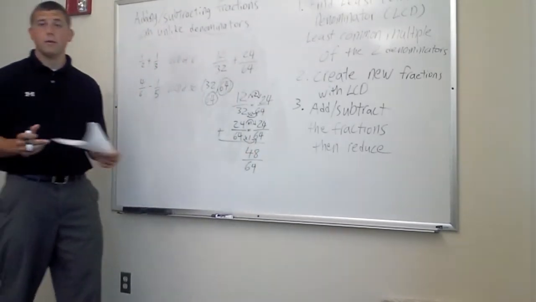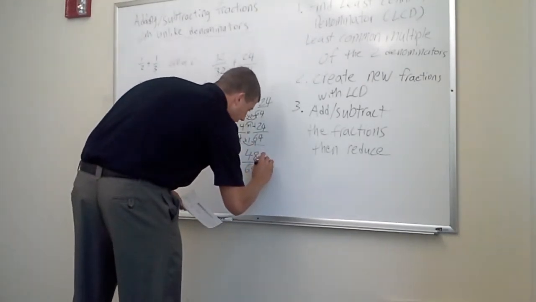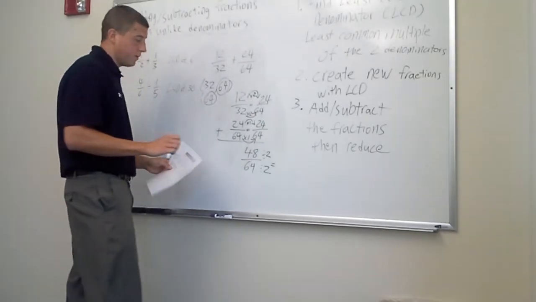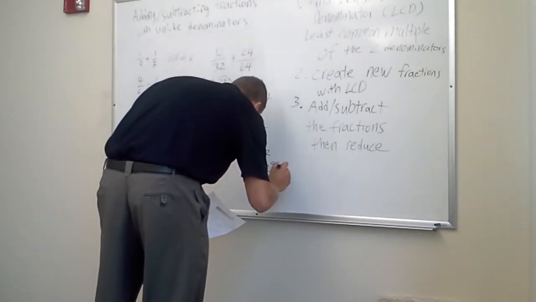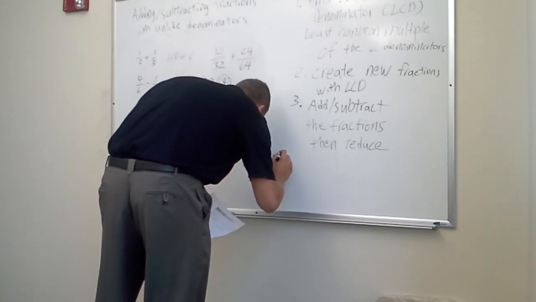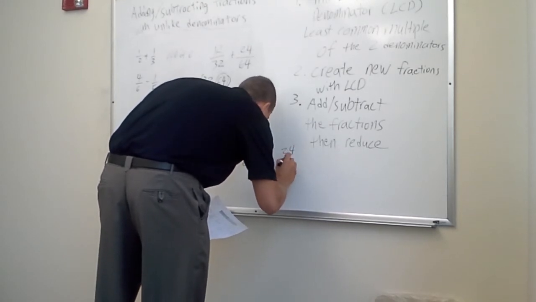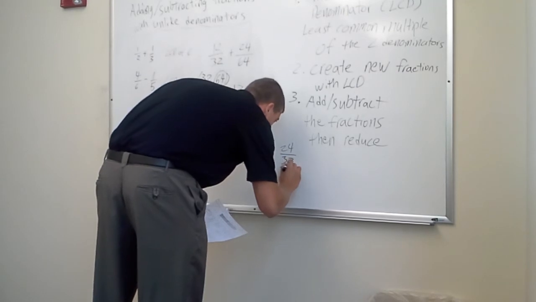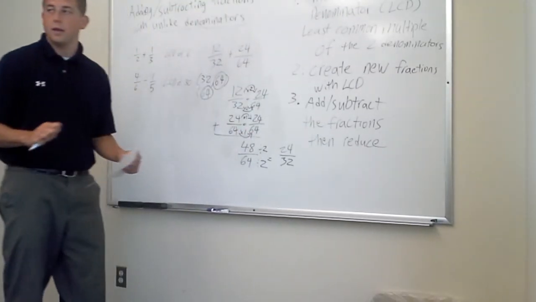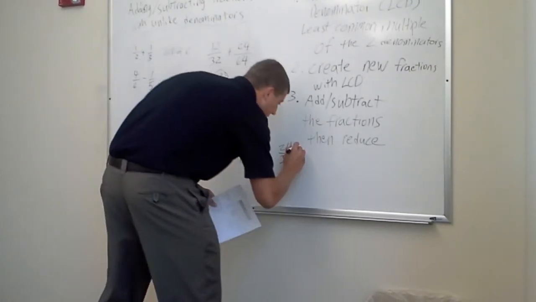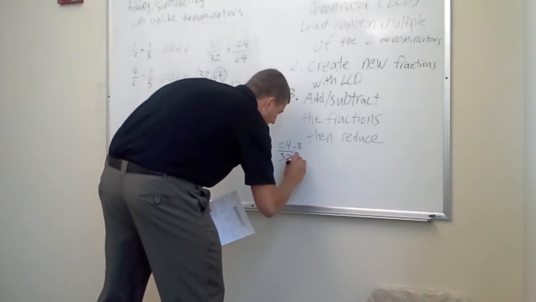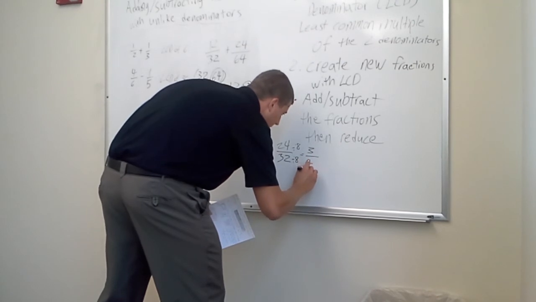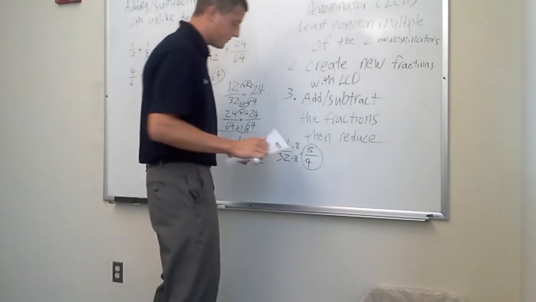Now, can we reduce that one more time too? Right, reduce it by 2. And we get 24 over 32. What do I want to divide those by? 8. Oh, that's good. And we get 3/4, right? Awesome.